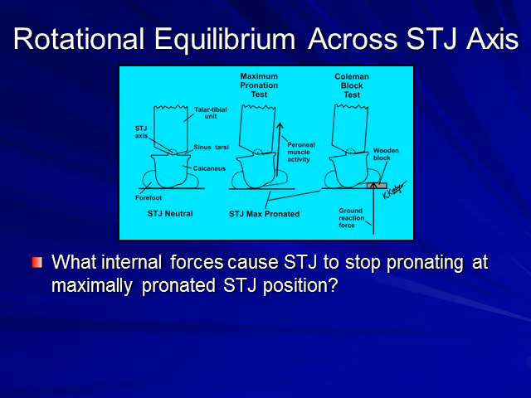In our example above, we have a model that I created. Here I've combined the talus and the tibia into one unit. Here's the model of the calcaneus. Here's the medial forefoot on the left and the lateral forefoot on the right. Here's my model of the subtalar joint axis. So the lateral aspect would be actually the sinus tarsi.